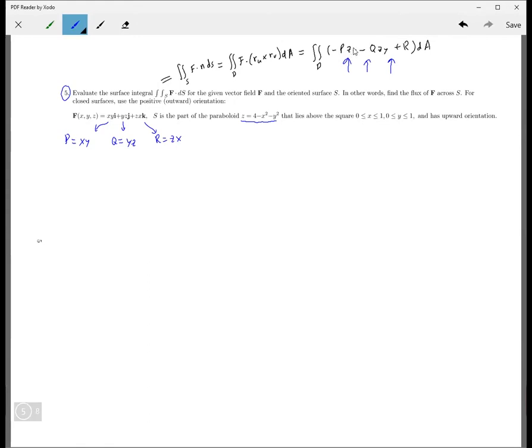Okay, now we're supposed to calculate z_x. That would be the partial of z with respect to x. So we take the partial with respect to x, that's negative 2x. The partial of z with respect to y is negative 2y. And I think we have everything we need to do this, where you integrate.